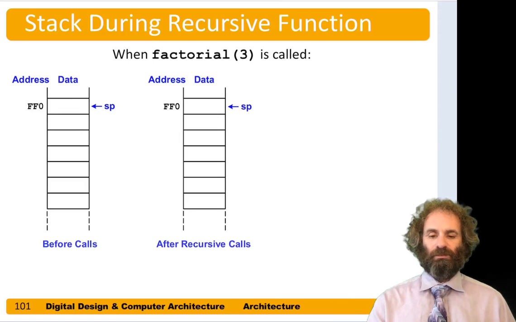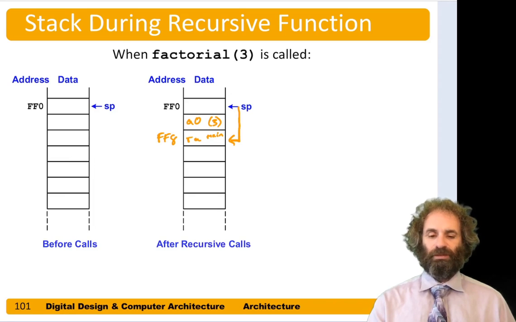So on the first time we call, we'll move the stack pointer down to FF8, and we'll put A0, which was 3, n of 3, and the return address, say, to the main function that called factorial of 3.